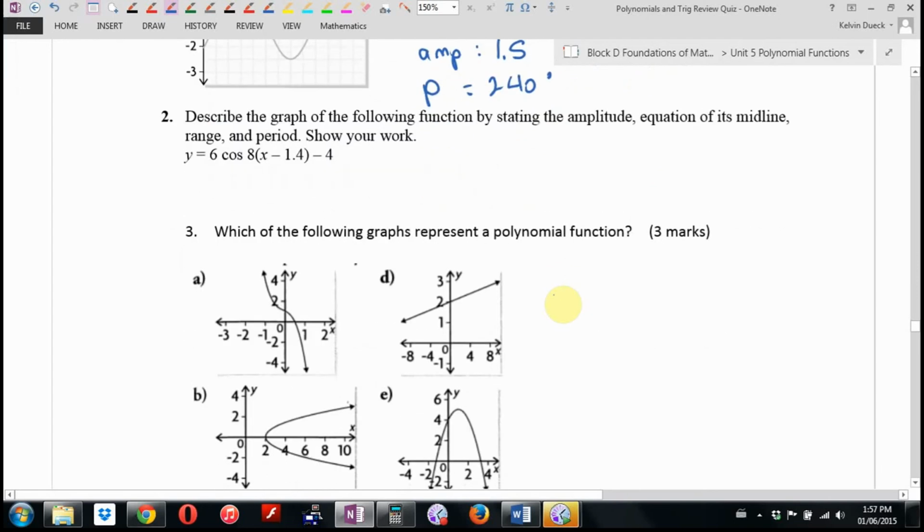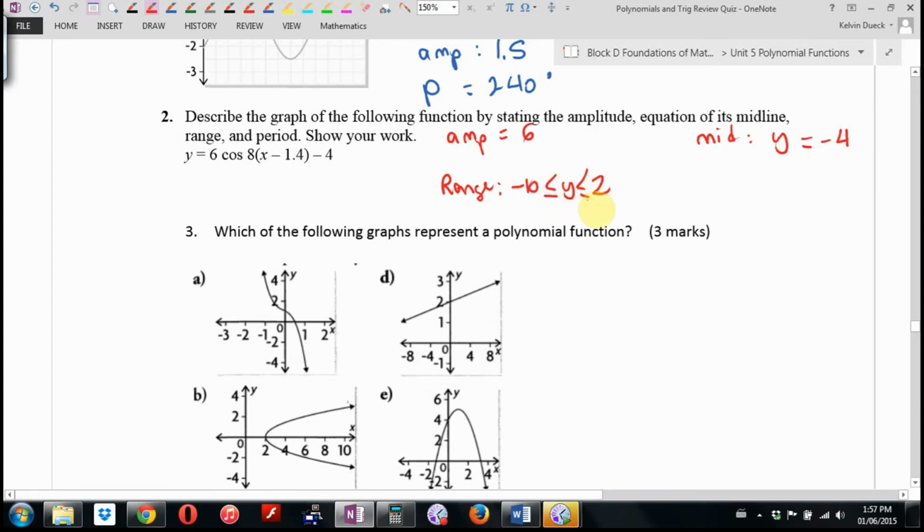Number 2. Amplitude, 6. Midline, y equals negative 4. Range. Negative 4, amplitude 6 up, negative 4, 6 down.